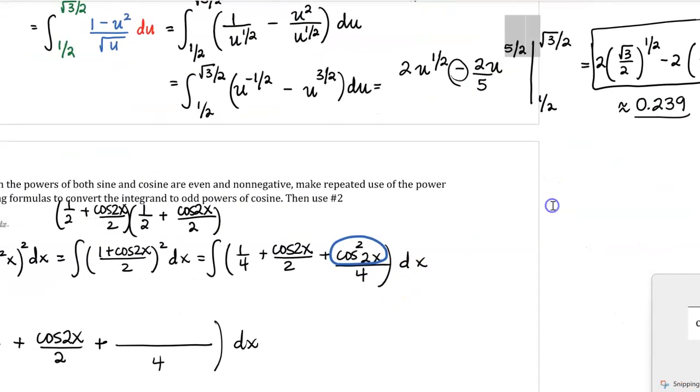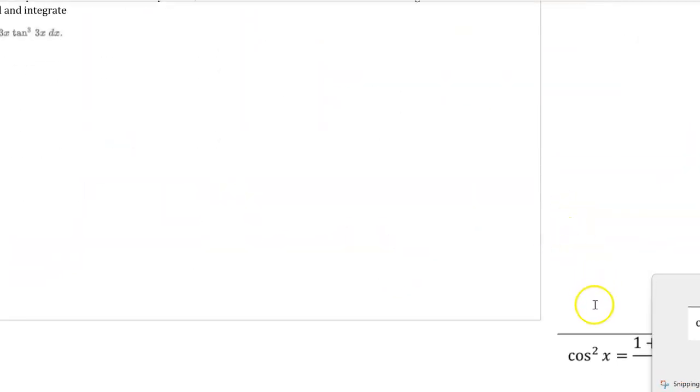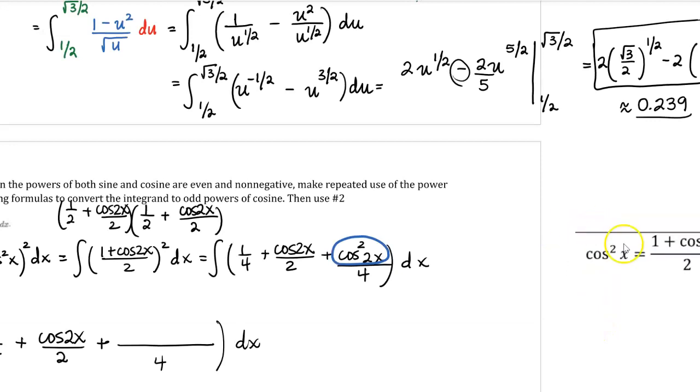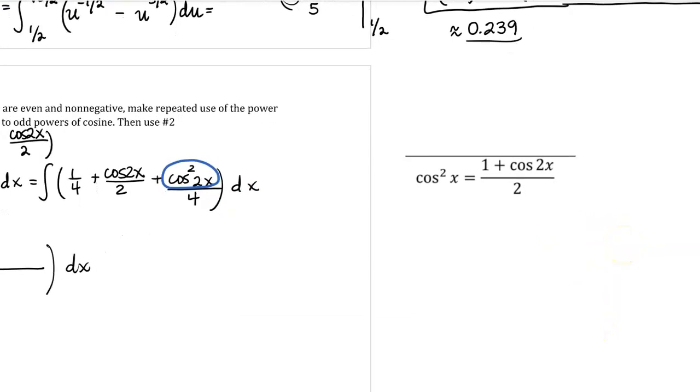If we know that cosine squared x is equal to 1 plus cosine 2x over 2, be careful here because what we have over here is not an x, this is a 2x. So whatever was in here, what I circled in blue, is being doubled for what we're evaluating it as.